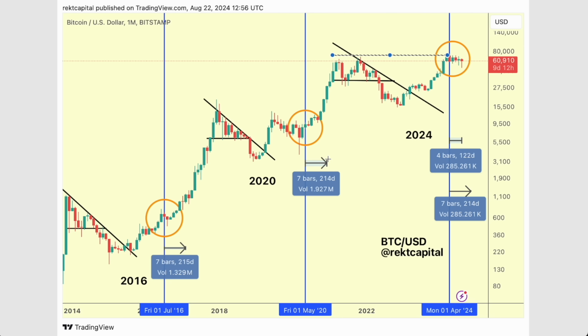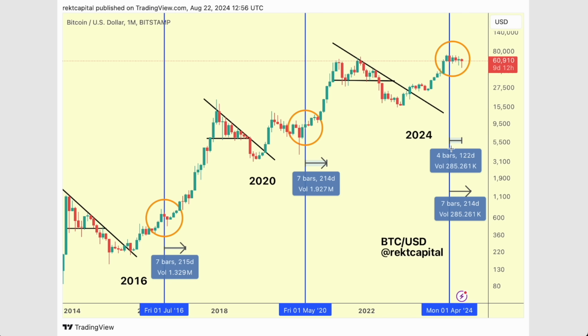And the thing to note here is that usually we'd rally to new all-time highs only 214 days after the halving. And this has been the case in 2016 and in 2020. Just notice that new all-time highs happened only 214 days after the halving. Let's have a look at 2016 here. New all-time highs only after the halving, whereas we got to new all-time highs a month before the halving.